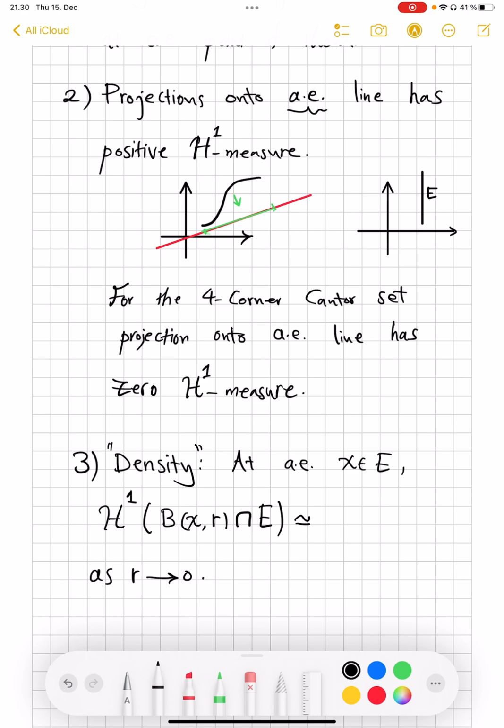So the one-dimensional, let me first draw the picture. If you are in R1, which is the most typical one-dimensional object in the universe, and you look at a point x, and you look at the ball of radius r, which is not really a ball, but technically from the mathematical definition, it is r. So you get r on this side and r on this side. So its H1 measure is 2r.